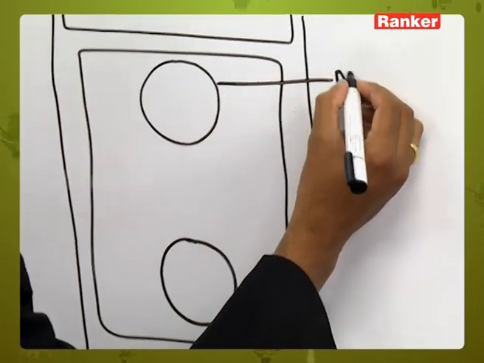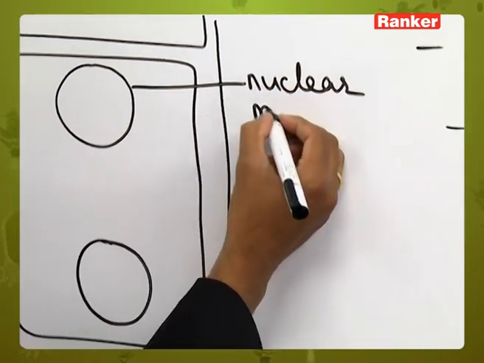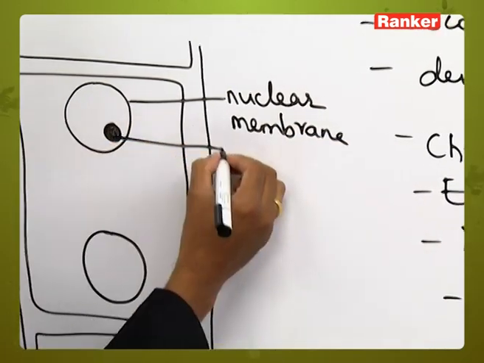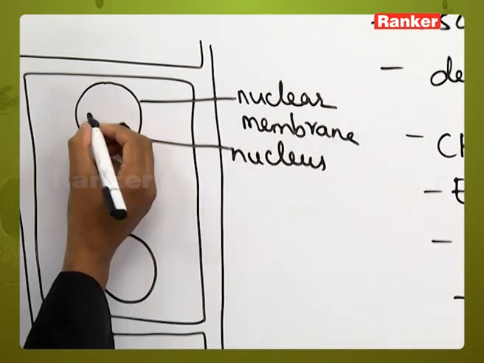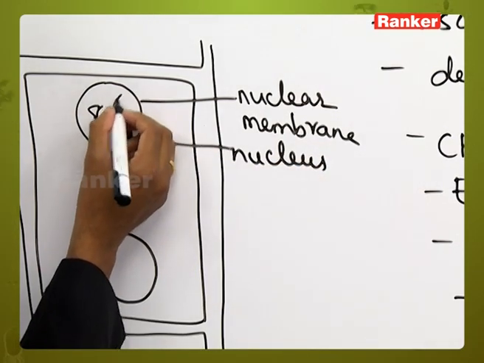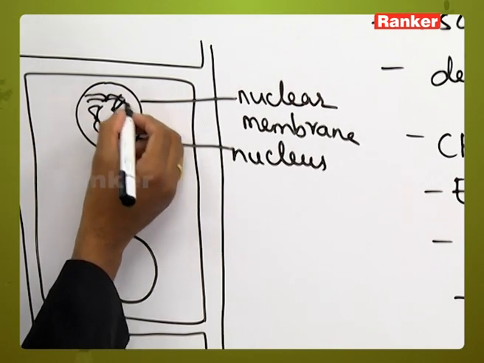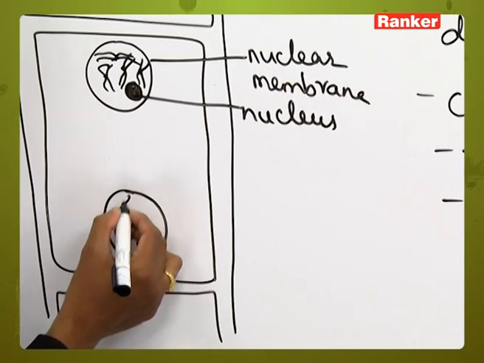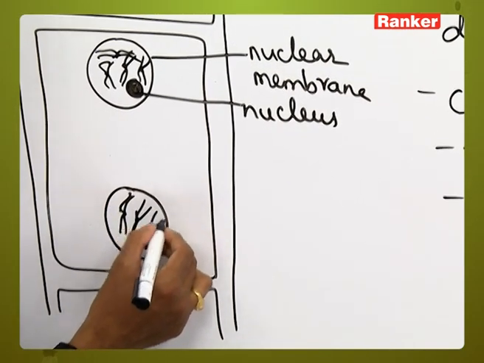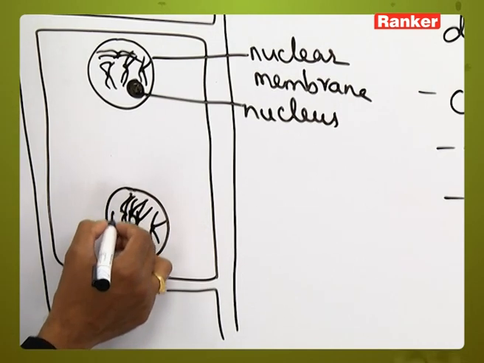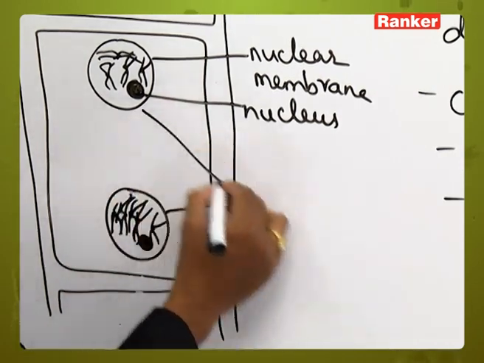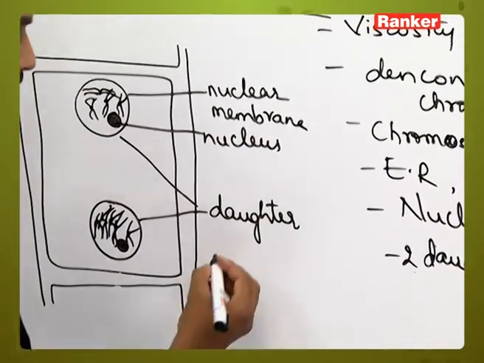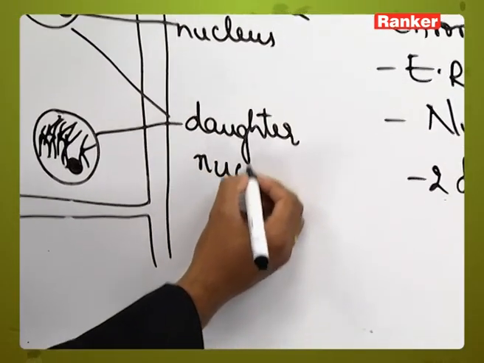The nuclear membrane, nucleolus, and the chromatin. Little bit of chromatin-like structures can be observed here. So this type of reorganization is taking place during the telophase. These two are called daughter nuclei.